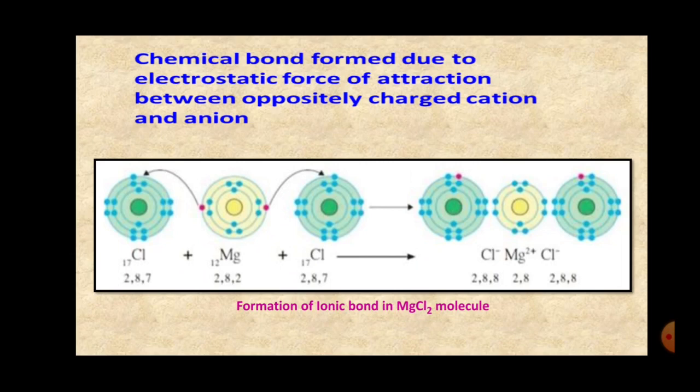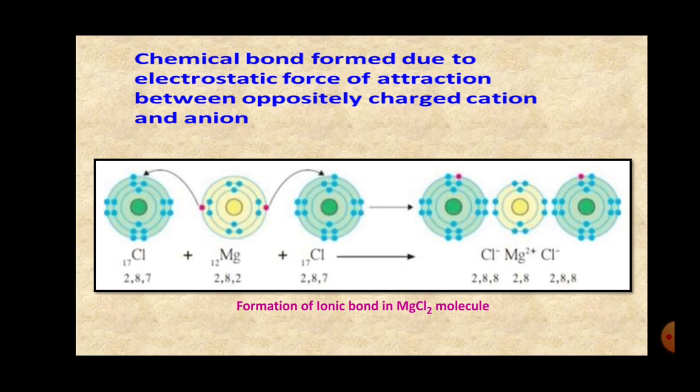And when these two atoms come near each other, they tend to complete the outermost orbit with 8 electrons. So the magnesium gives away 2 electrons to 2 different chlorine atoms. Now when it donates these 2 electrons, it gets a plus 2 charge because 2 protons have become extra, right? Because it has donated 2 electrons.